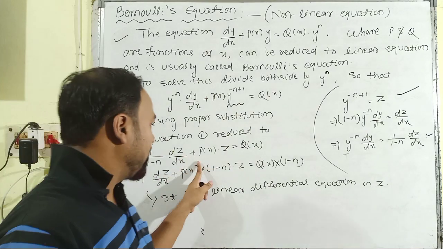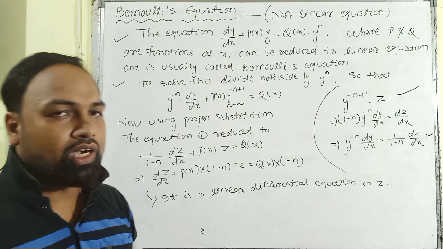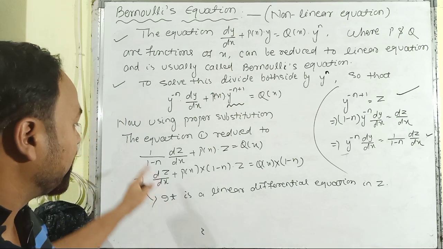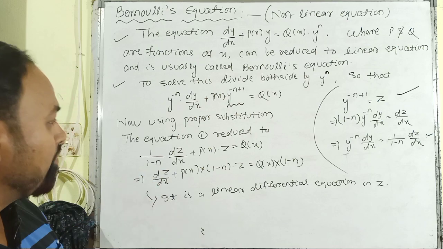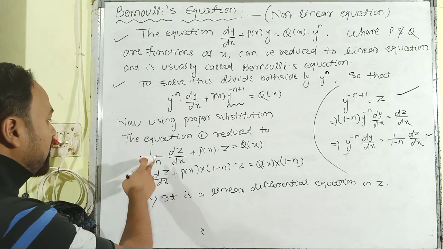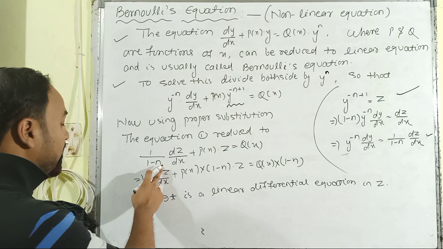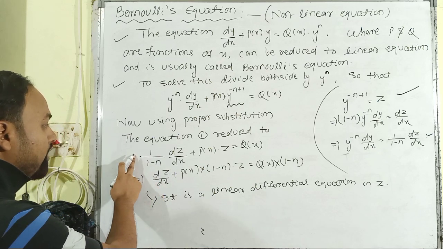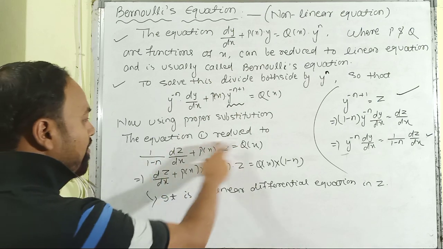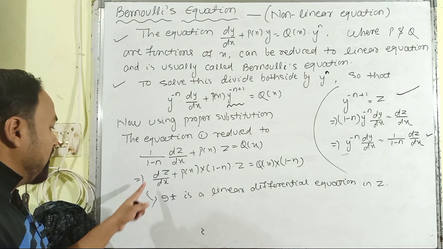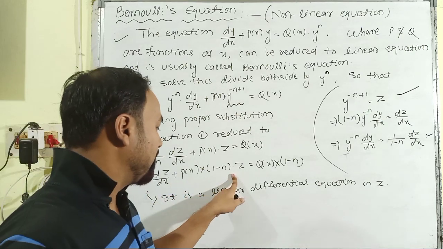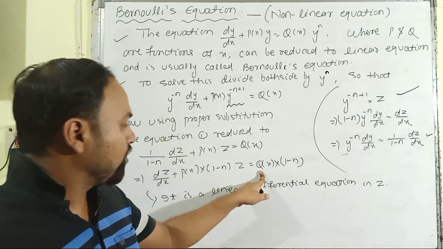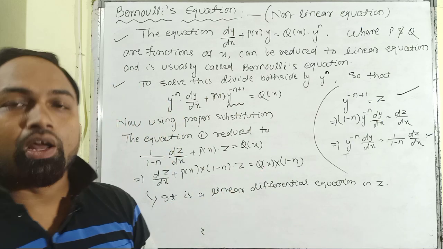Then we can convert this equation into a linear differential equation: since 1 upon 1 minus n exists, we multiply 1 minus n to both sides of the above equation, so that we get dz/dx plus p of x multiplied with 1 minus n multiplied with z is equal to q of x multiplied with 1 minus n.